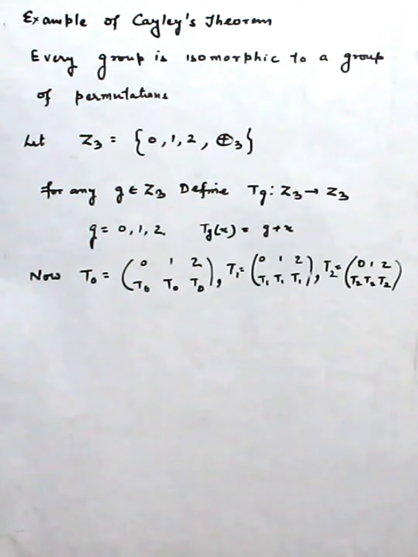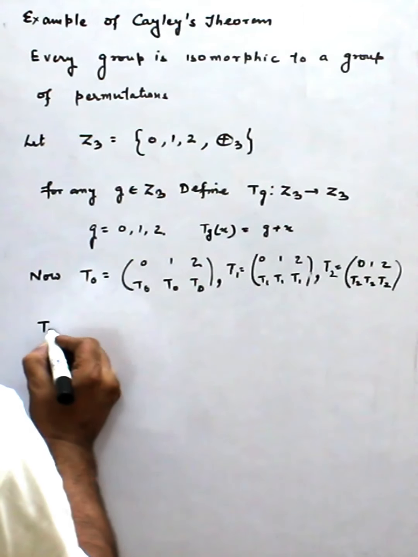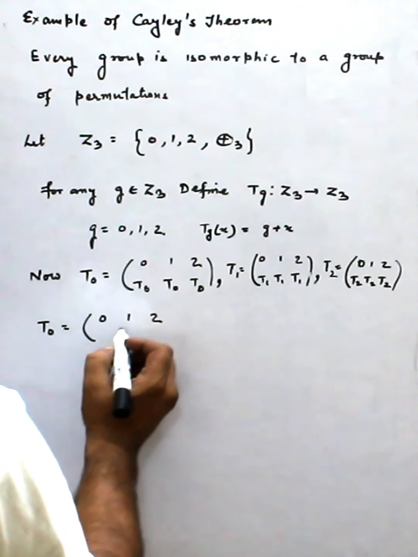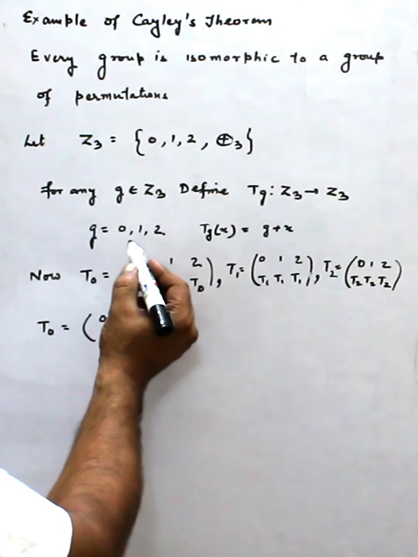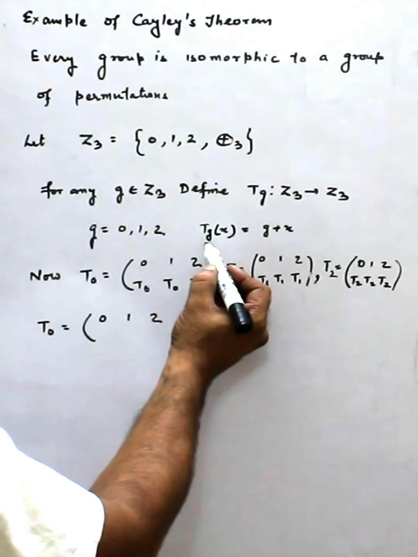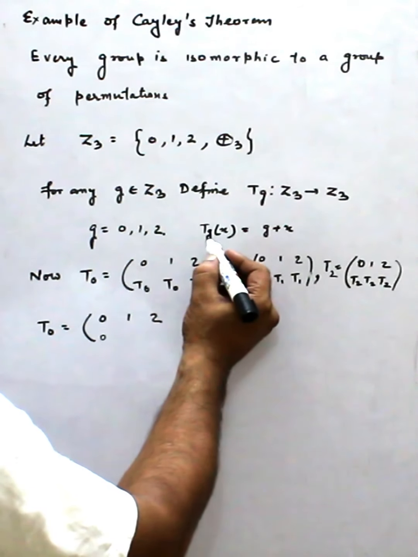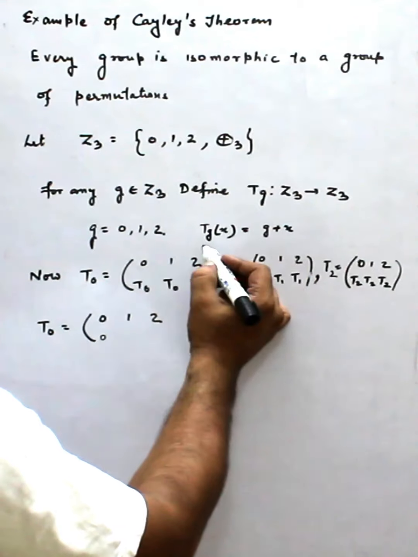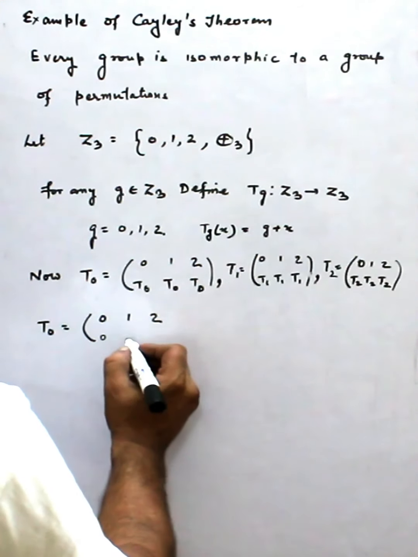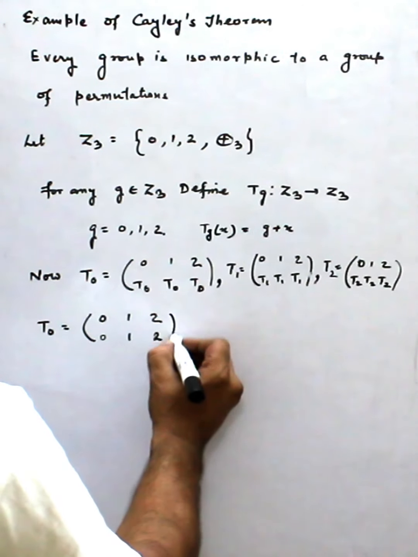That means T0 is equal to 0, 1, 2. What is T0? I place 0 here and g is 0, so I get 0. g is 0 and x is 1, that means 1. And x is 2, I get 2.